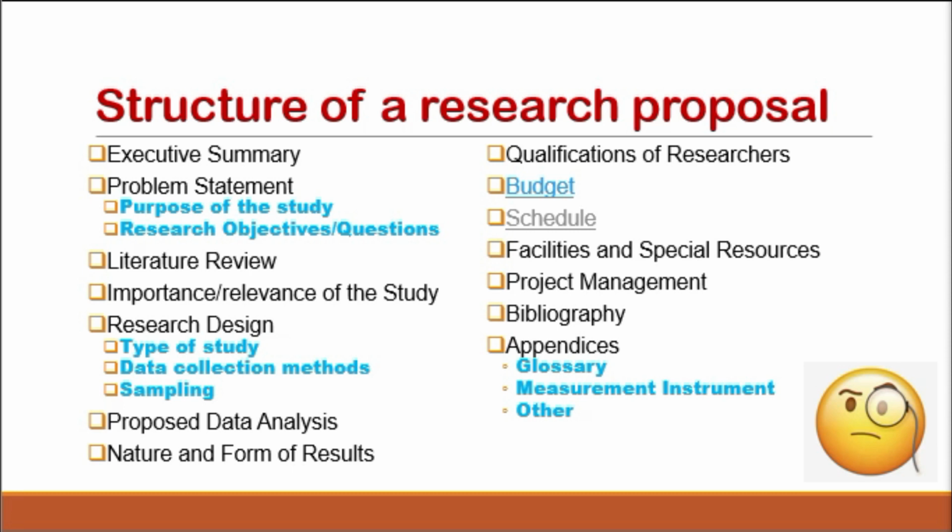Appendices, there are some things that are part of the appendices. For example, glossary. It's the section in which the terms and definitions are defined. Some acronyms, if they are used, are also defined in the glossary, and then we can have the measurement instrument.